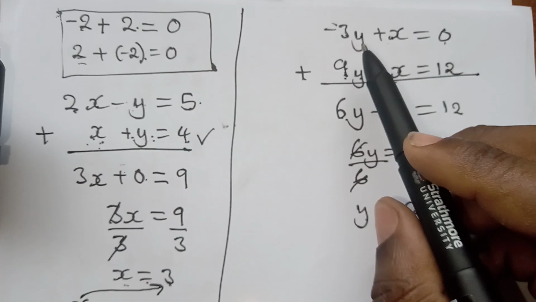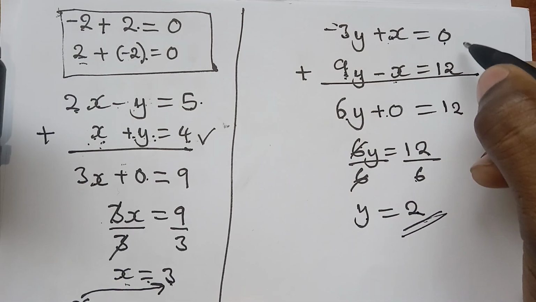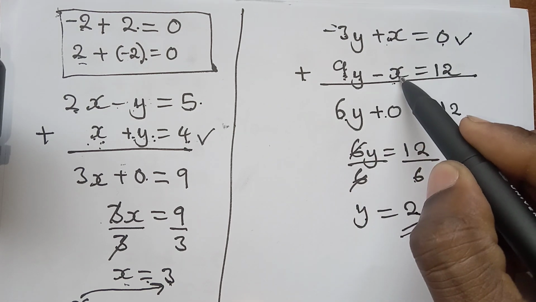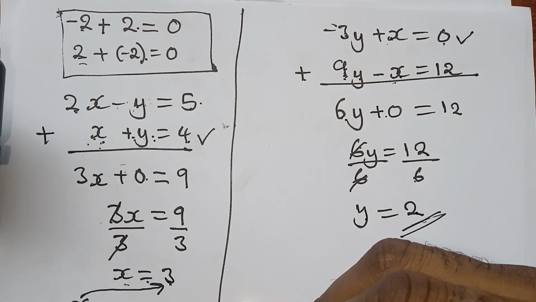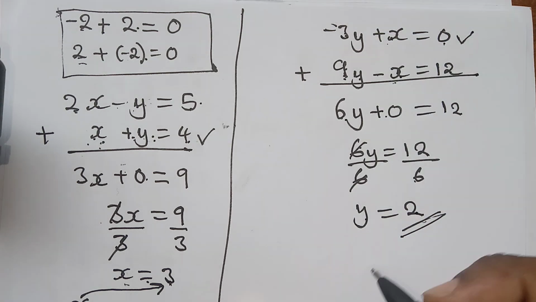So to solve for x, you can just pick the easiest equation for you. For me, I think the easiest is this. You are free to use this, and your answer will still be the same, except that you have a bit more work to do.